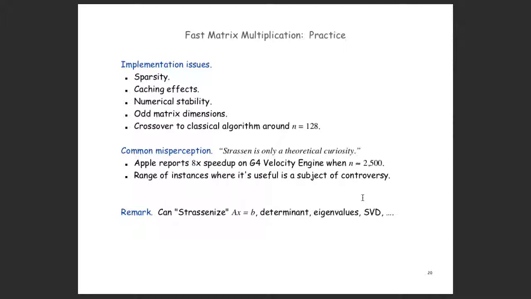Now, in practice, is that good? Well, maybe. This is Strassen's algorithm. There's a ton of implementation issues. How sparse is your matrix? Many times when we do image processing or data mining algorithms, we have very sparse matrices.